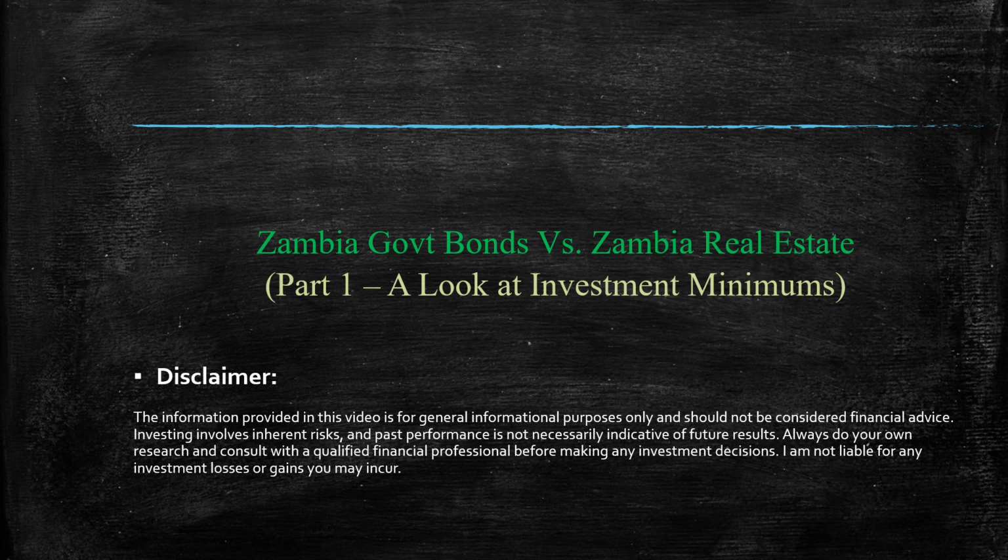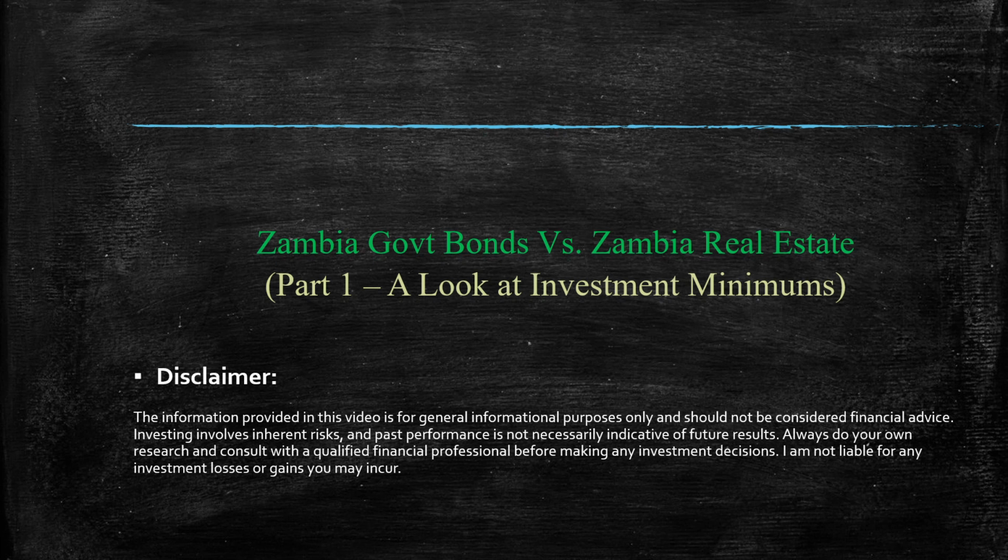So in this episode, I would like to talk about the comparison between Zambia government bonds and Zambia real estate investments. There are so many different points of comparison between bonds and real estate, but for this particular video, I'm looking at investment minimums.